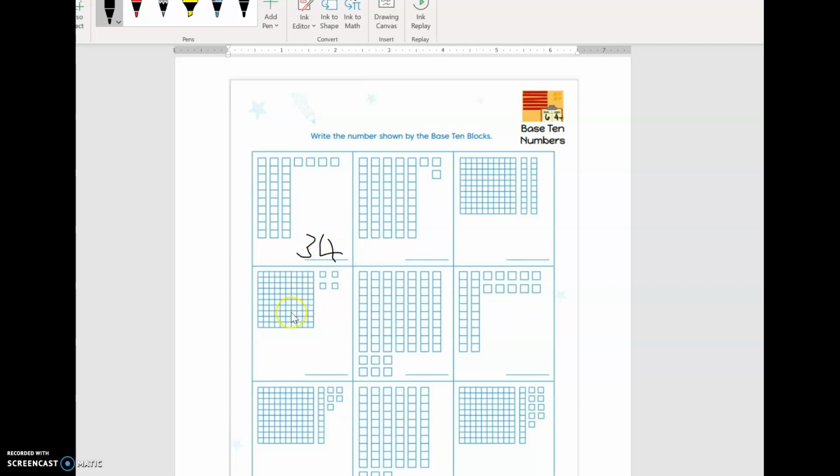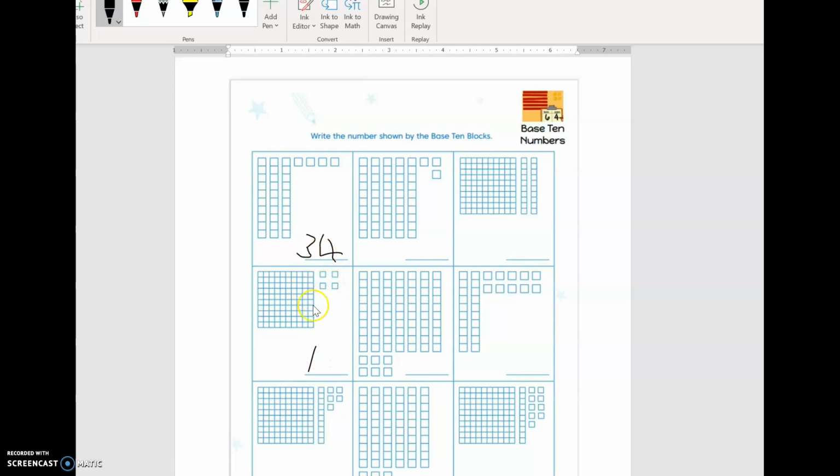Okay, let's do the one on the bottom here. So I know that this is a flat, and I know that a flat has 100 cubes in it. So I'm going to say 100. I'm going to count this whole entire flat, and I'm going to say 100. So let me write that number there, 100, right? In the hundreds place, there is 1.